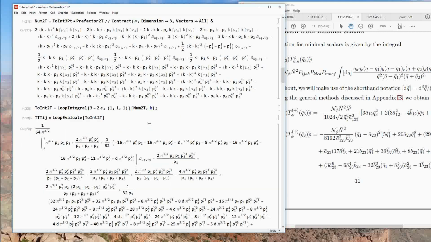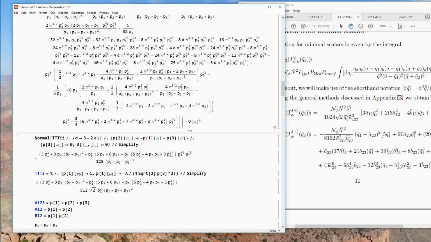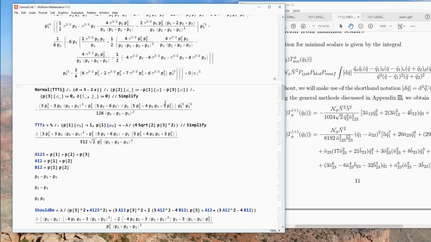Okay, so we got our result, which is a huge mess. But because we want to contract it with helicity tensors, the only thing that matters is the coefficients of these 2 vectors.